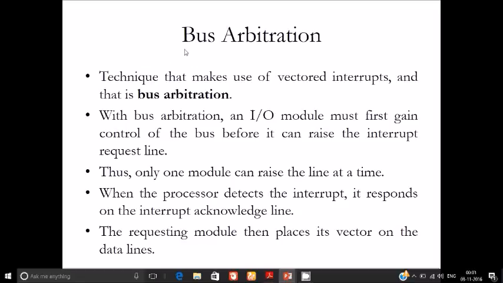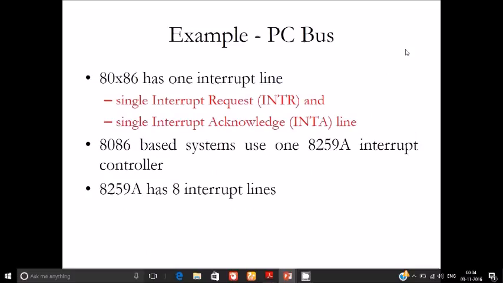Even though multiple interrupts happen, only one module can interrupt the processor, one after another, like in a queue. The processor detects and responds to the interrupt and acknowledges the line. The requesting module then places the vector on the data lines. So this is how bus arbitration works.